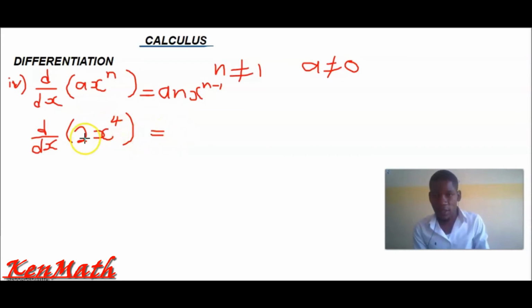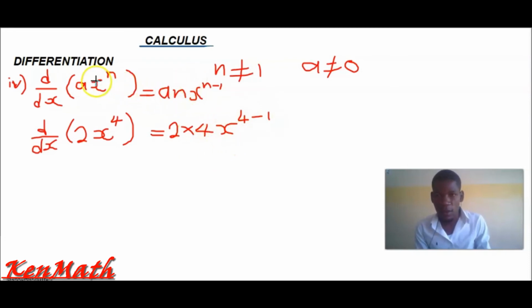We say 2 will be multiplied by 4, and then x, and then 4 take away 1. That's what it means. We multiply the power by the coefficient, and then from the power we take away 1.